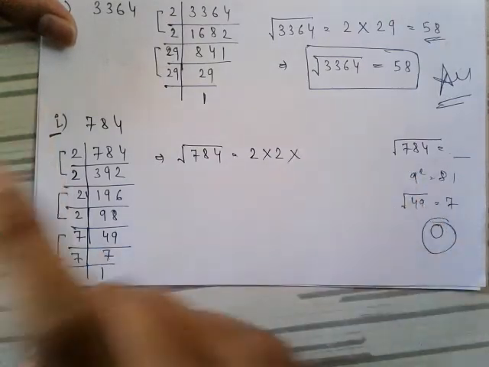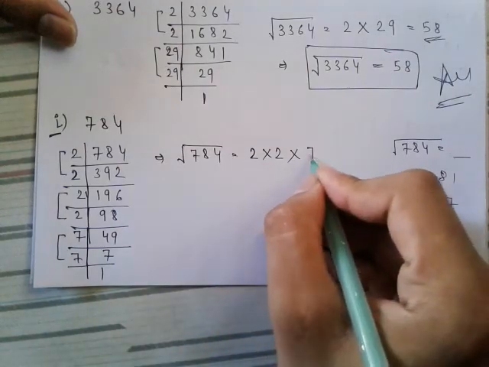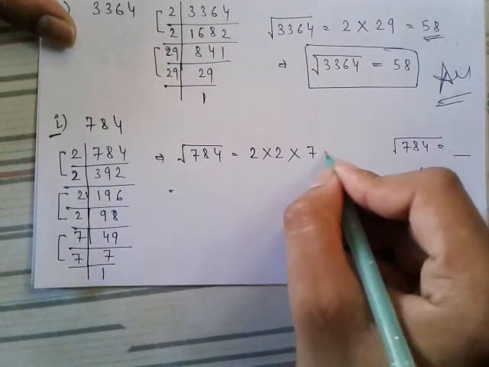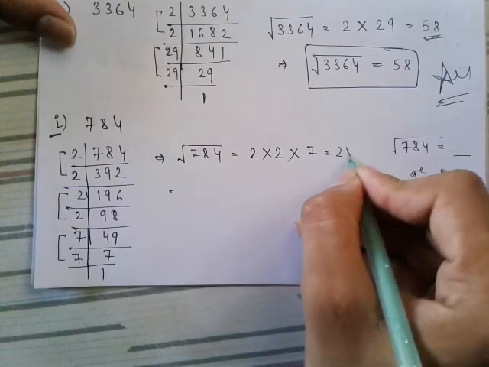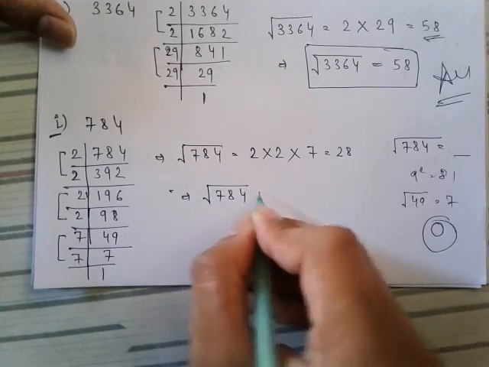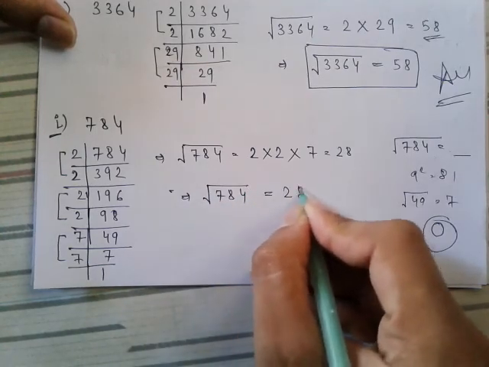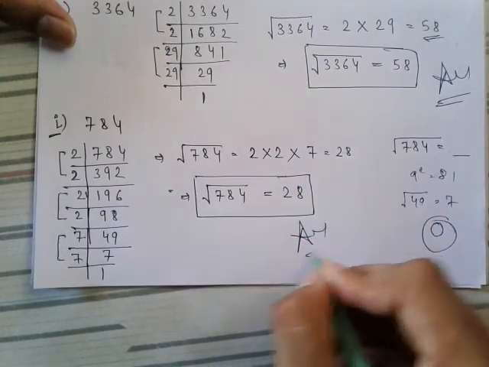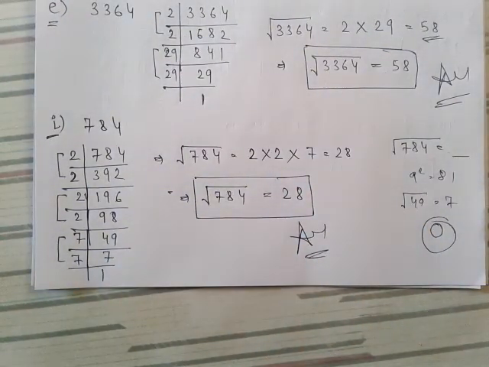Then you have only one pair of 7, so you have to multiply by only one time. So it will give you 2 times 2 times 7, which is 28. So that means 784 has the square root 28. Or I can say vice versa, that 784 is the square of 28.